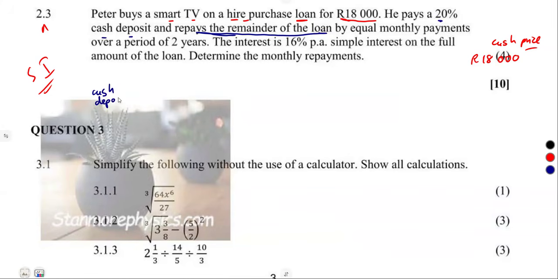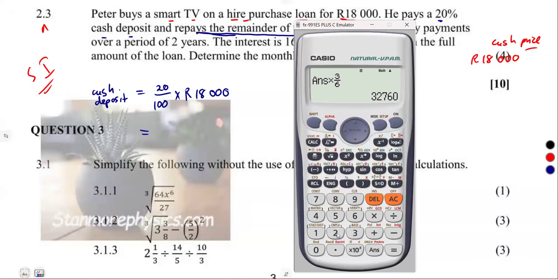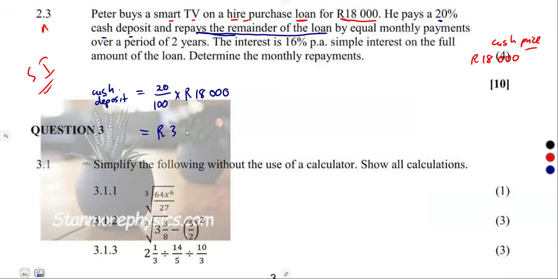This one is paid in cash. 20% times what? 18,000, so that you can understand this question. So 20% of this was going to give us 3,600. Let's just try: 20 over 100 times 18,000. So this is what? 3,600. All right. So this is the cash deposit.